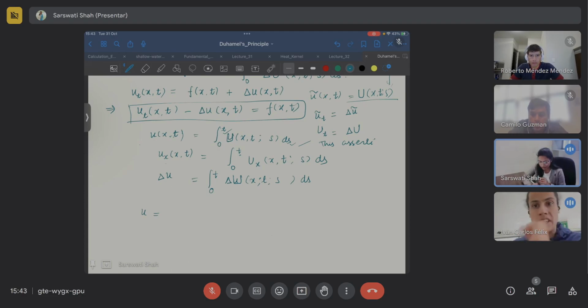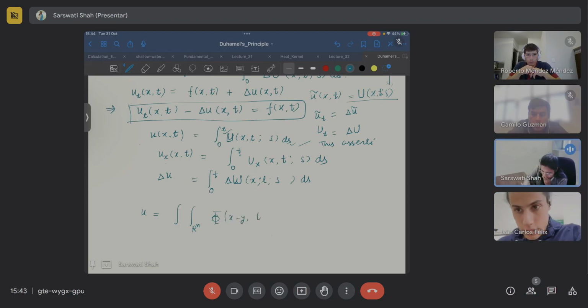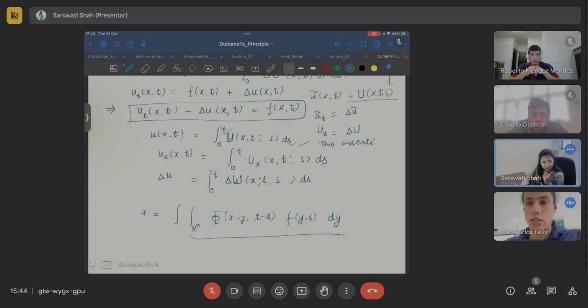Well, it will be like the integral over Rn, and you have the heat kernel, and it is multiplied by a function, right? This was the initial condition.